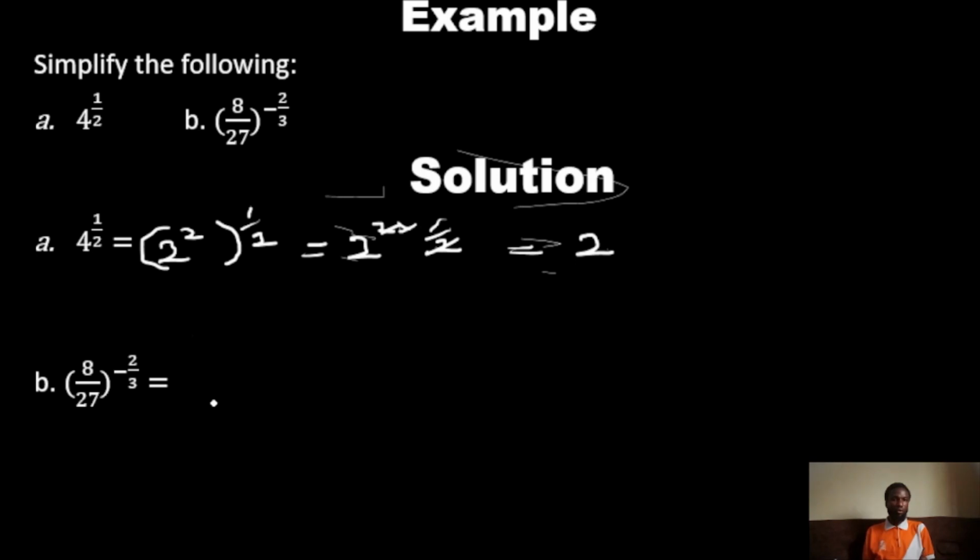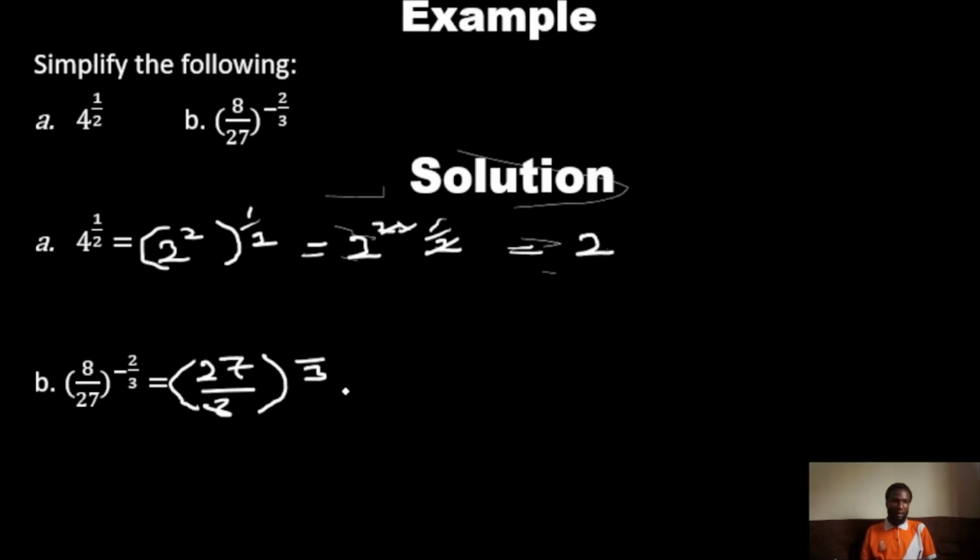Here we have 8 over 27, everything raised to the power of negative 2 over 3. Remember what I said about a negative power of a fraction. In order to nullify this negative, you invert the fraction. So if you invert the fraction, that will be 27 over 8, everything raised to a positive power this time, which is 2 over 3.